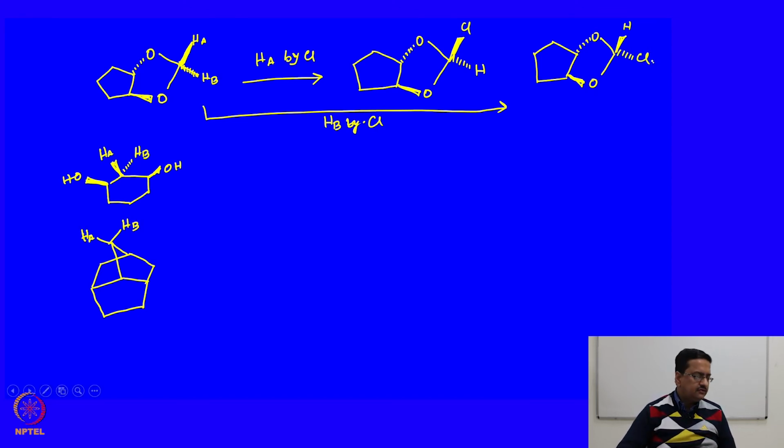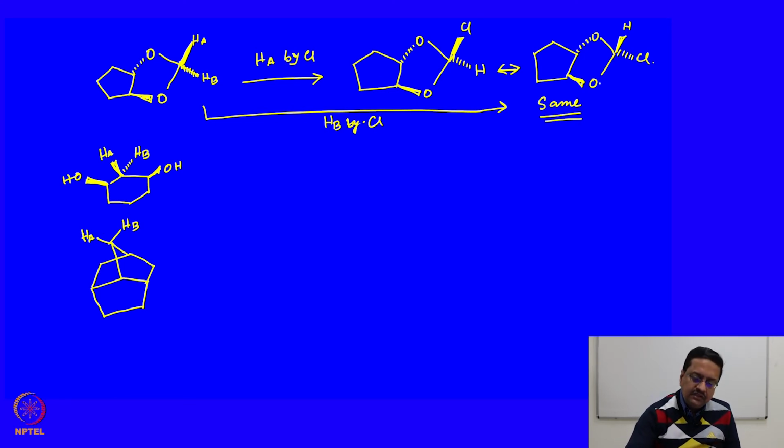So, if you look at these two molecules carefully, what we see is that these two compounds are same. So, these compounds are to be called as homomers. Therefore, those two hydrogens are to be termed as homotopic.